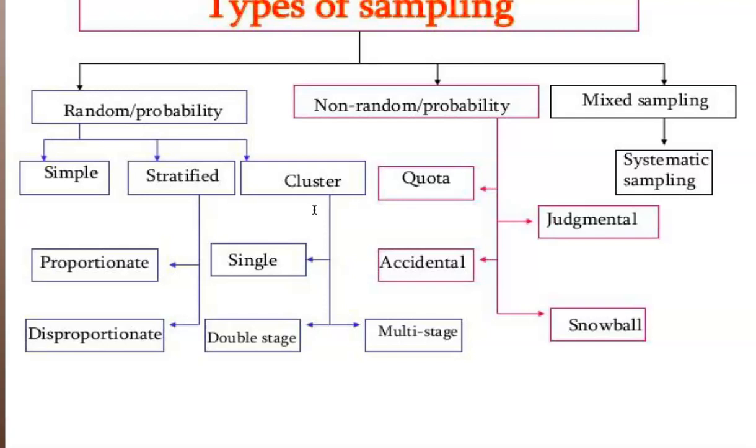Non-probability sampling types include quota, accidental, snowball, or judgmental. Mixed sampling is systematic sampling where we use a combination of random sampling as well as stratified sampling.